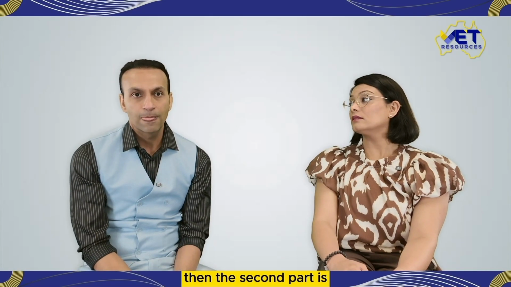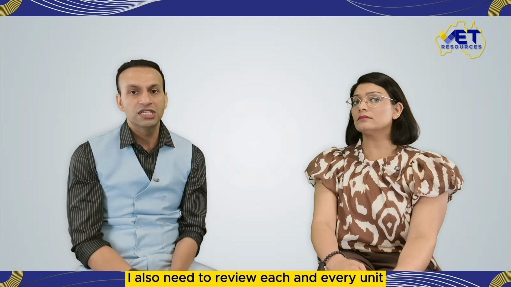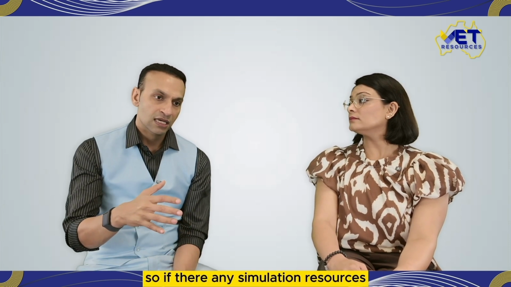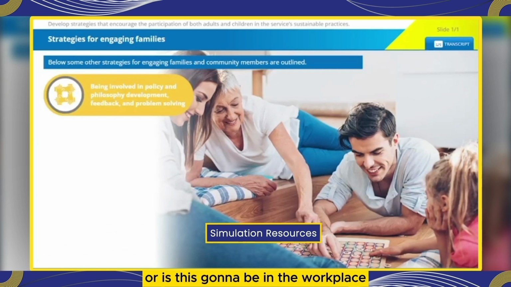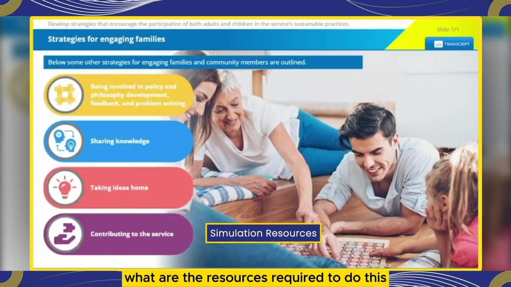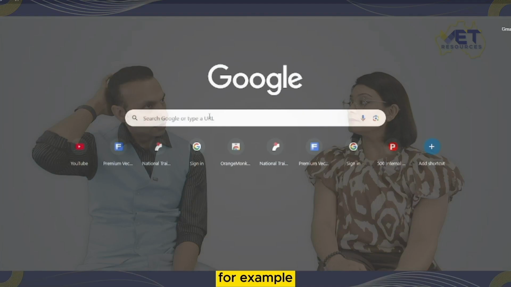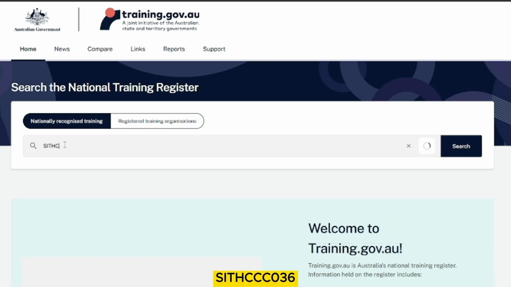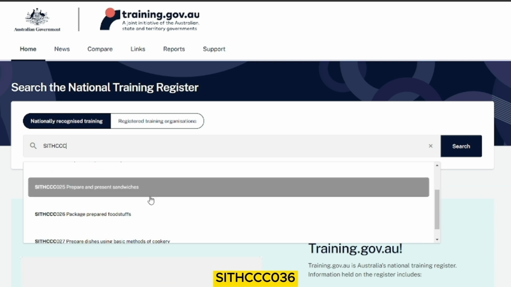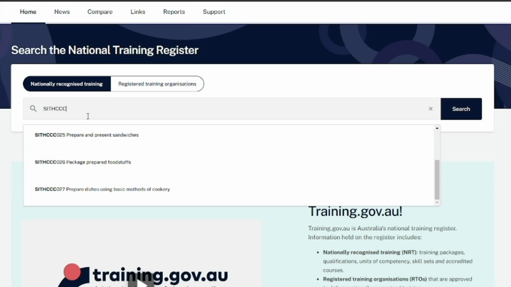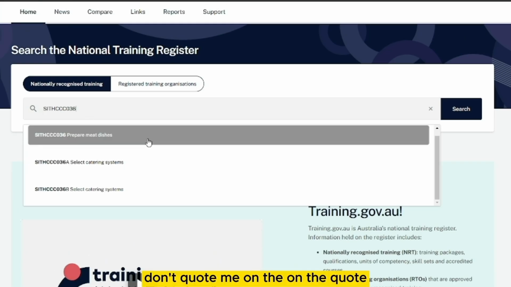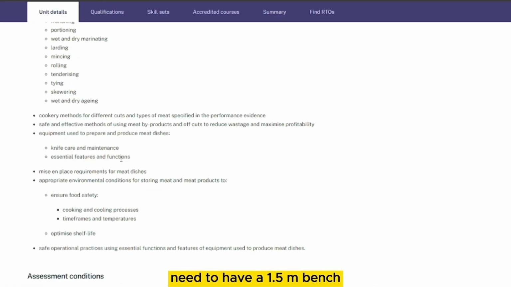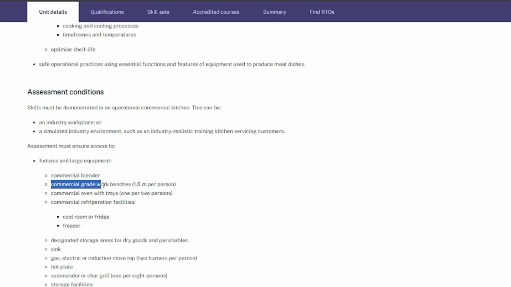Then the second part is I also need to review each and every unit and identify what resources are required. If there are any simulation resources, or if it is going to be in a workplace, what resources are required to do this? For example, in a Cert III in Commercial Cookery, I think SIT HCC 026 or 36 unit, don't quote me on the code, that particular unit requires that every student has a 1.5 meter bench.